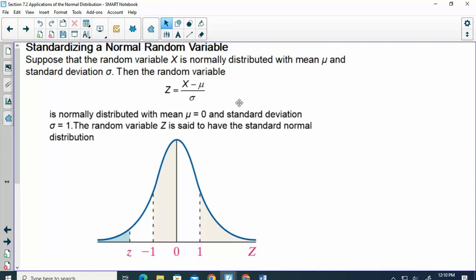So your z-score is your x, your value, minus the mean, divided by the standard deviation. Then we can use a table to help us find those probabilities. So if you guys look on your formula sheets, it's like the third piece of paper.